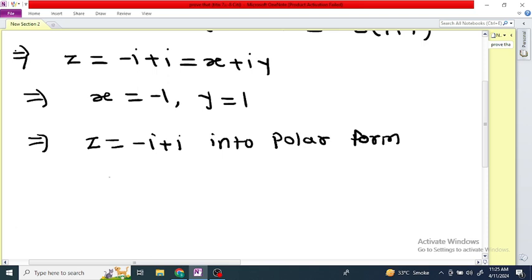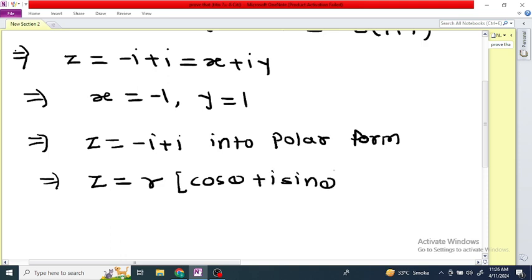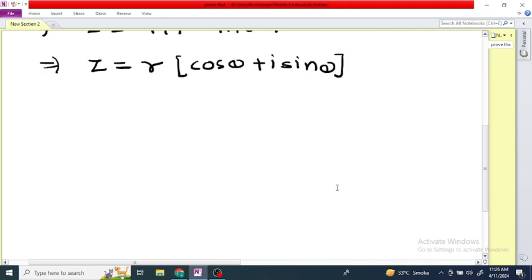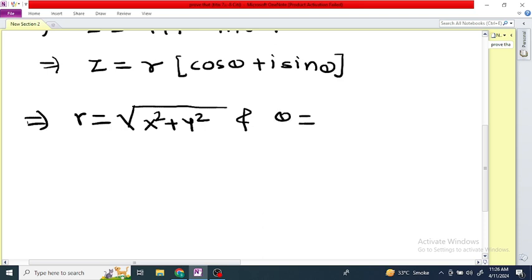The polar form is z = r times (cos theta + i times sin theta), and here r is equal to the square root of x squared plus y squared, and theta depends on the location of the complex number. So here we are going to discuss theta later on.